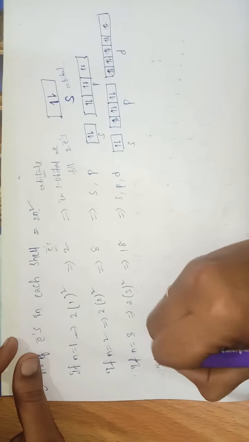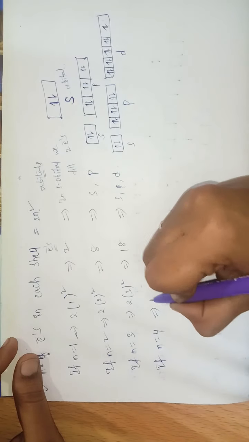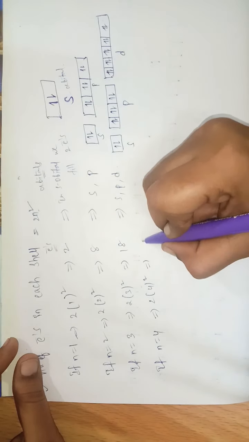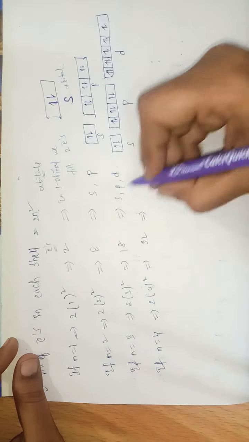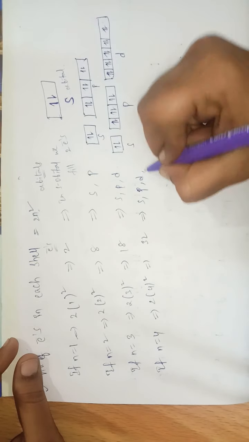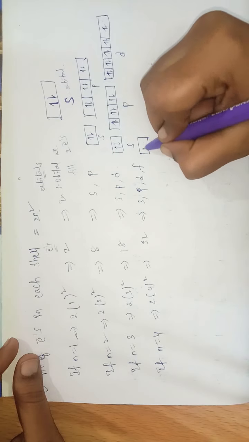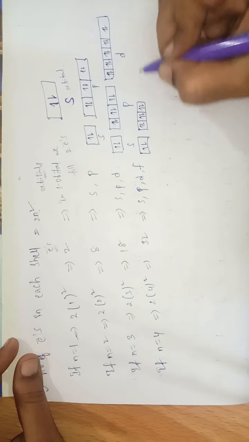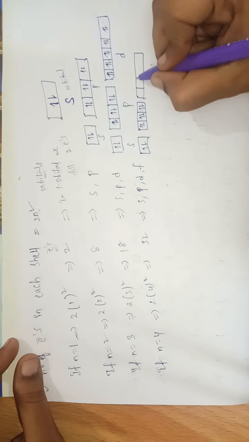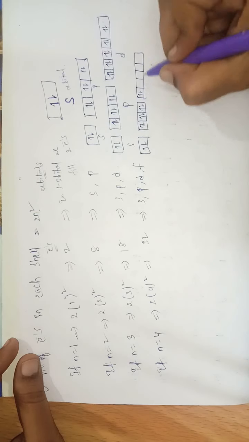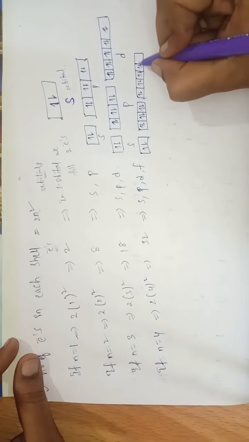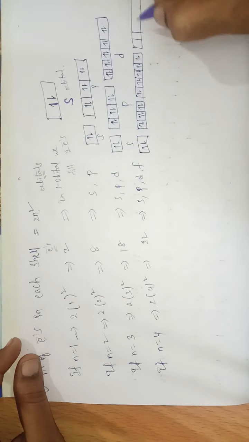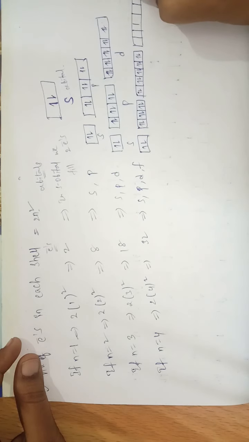Here n equals 4. 2 into 4 square, 2 into 16, means 32. That is s, p, d and f. 1, 2, 3, 4, and later we have to fill like this: 1, 2, 3, 4, 5, 6 and 7.